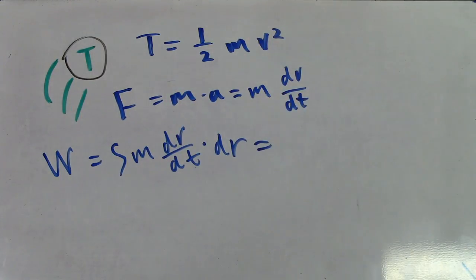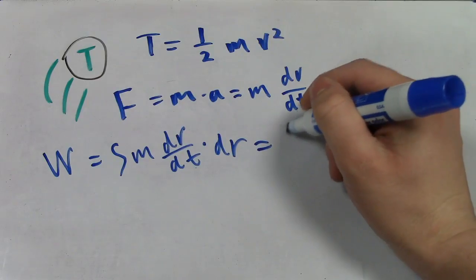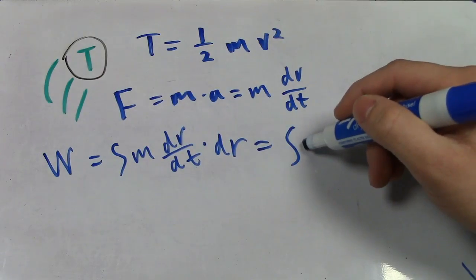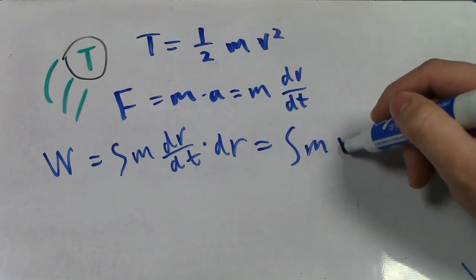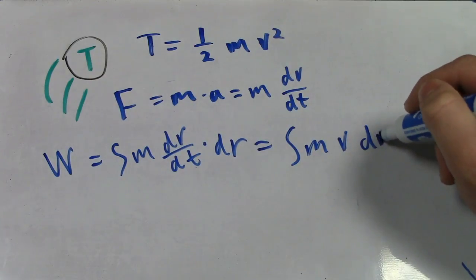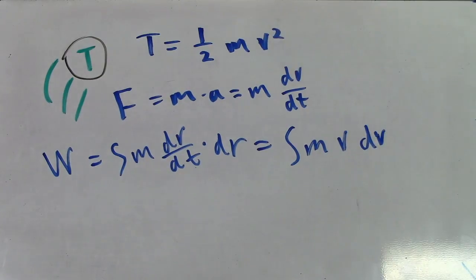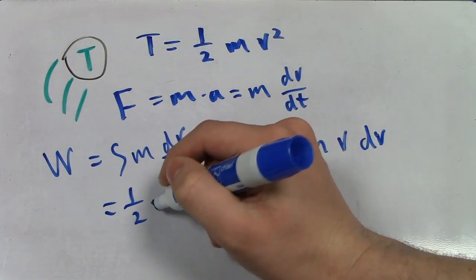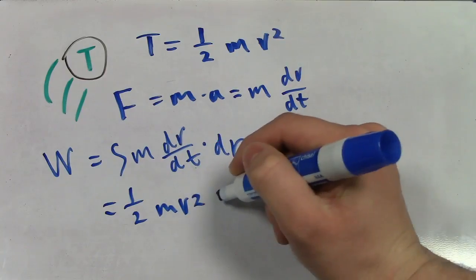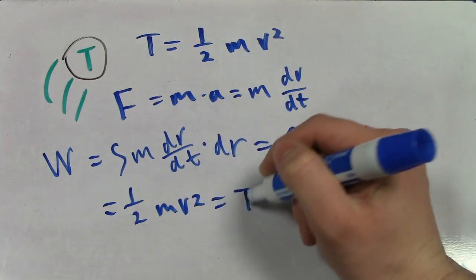Since the instantaneous change in position with respect to time, dr over dt, is just velocity, we can rewrite this as W equals the integral of m times v times dv. Then, integrating with respect to v, we get that the work equals 1/2 mv squared, our equation for kinetic energy.